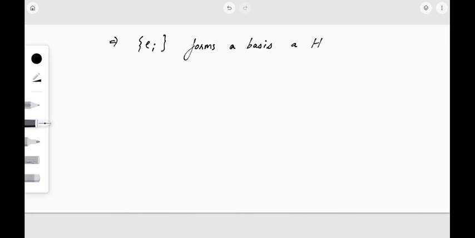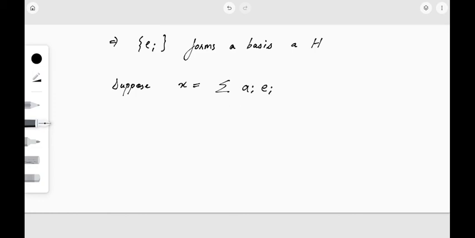Now we need to show that it is unique also, right? That is, the series expression is unique. So suppose x is equal to some other summation, say summation a_i e_i.